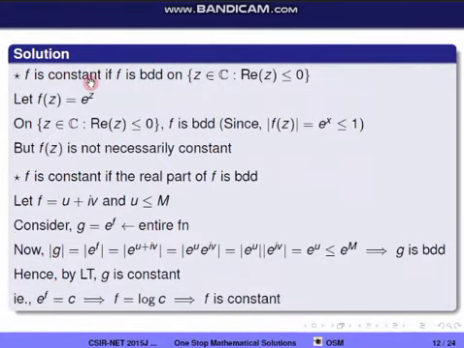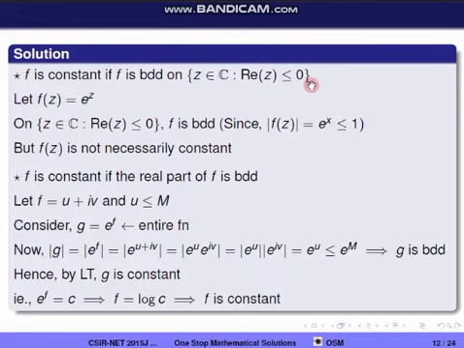f is constant if f is bounded on z belongs to C such that real part of z is less than or equal to 0. So let me consider f of z is equal to e power z. This is an entire function. On z belongs to C, real part of z less than or equal to 0, f is bounded because when we take mod f of z, this is equal to e power x, and we know x is less than or equal to 0.